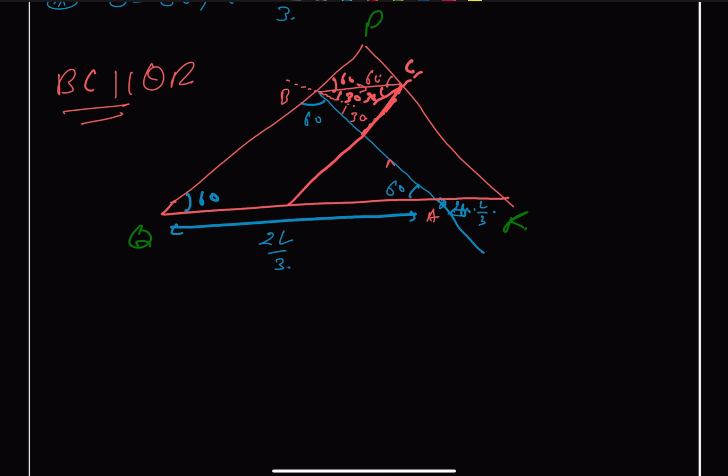Okay. And we are going to get that this angle is 30, so this will also be 30, and we are going to get this angle as 60. So let us draw a normal here, and it is going to strike on the other side, which will be our 2L by 3. So this will be 2L by 3 and this will be L by 3.